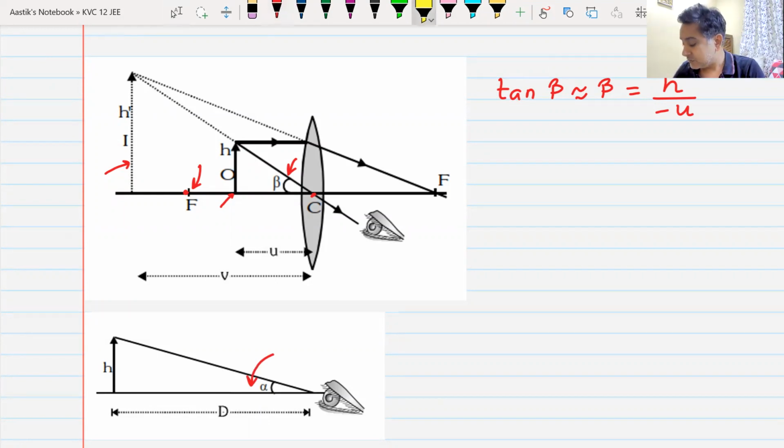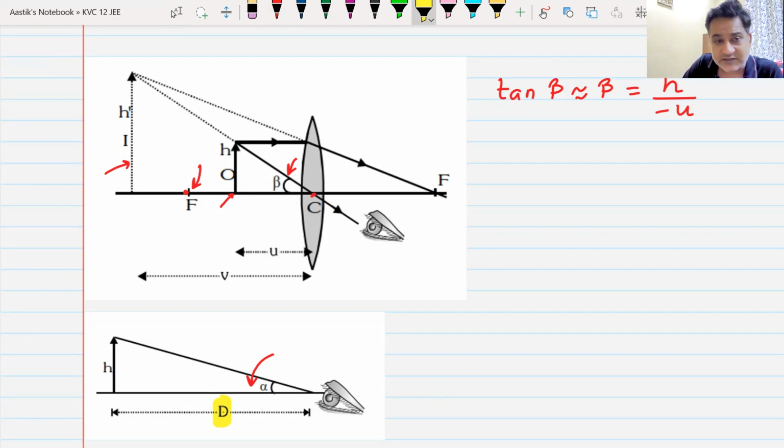Remember, for anything that we have to see, there must be a least distance from where we can see it. That is known as capital D. Do we know this least distance of distinct vision? Yes or no? Sometimes it is known as the near point.